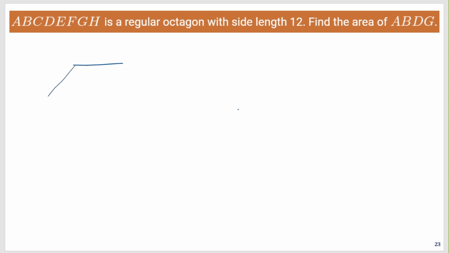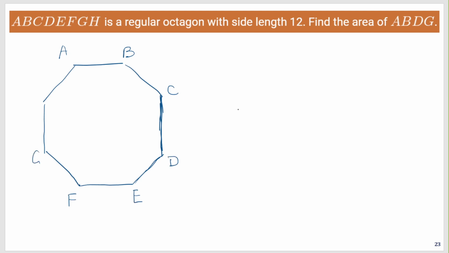Again, we have a regular octagon, and we know the side length is 12. What is the area of ABDG?